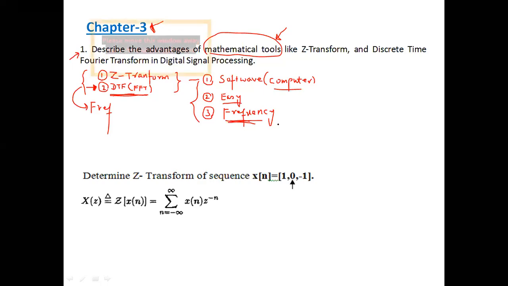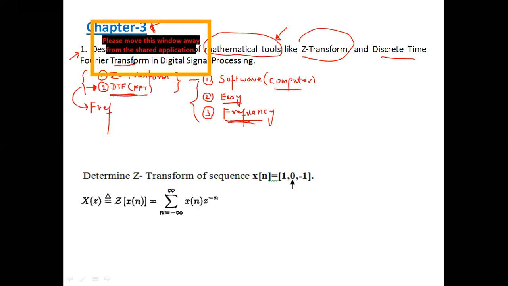But in this chapter, we have discussed only the Z transform method. We didn't discuss the discrete time Fourier transform. But I'm telling you, and you will see it in the future, these are very important. So I will make a lecture video and I will post it for you.